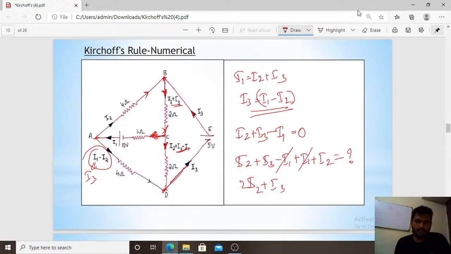Is it right? No. Why so? I2, I3 minus I1 plus, so this is minus, right? Good. So hope you got that. This is minus, correct? So this is also minus, gets cancelled. The remaining is I3. Don't make confusions like me in the exam.